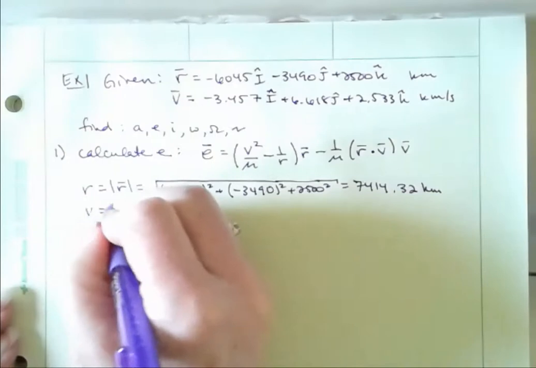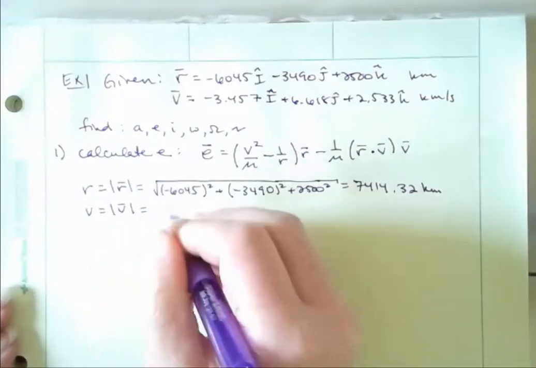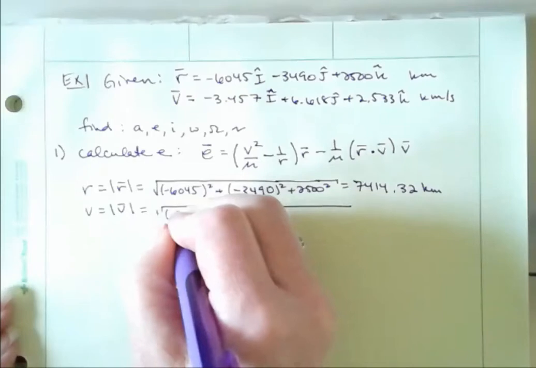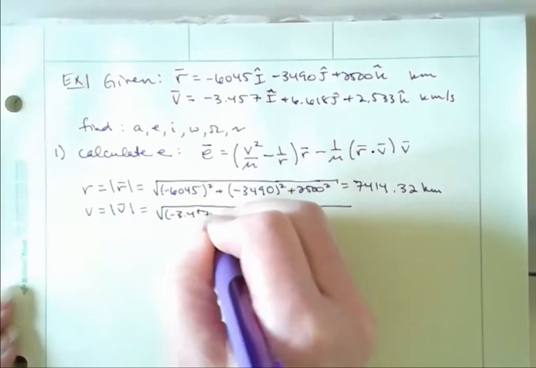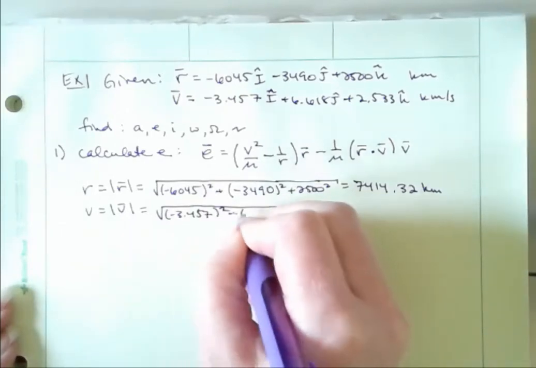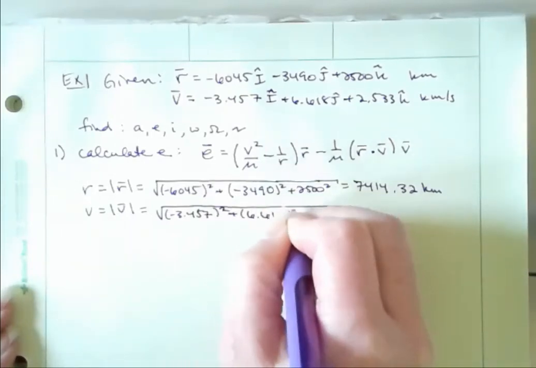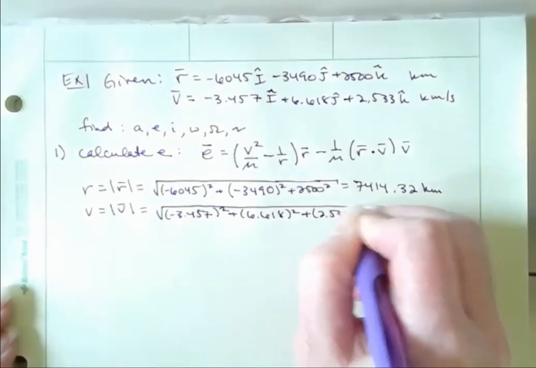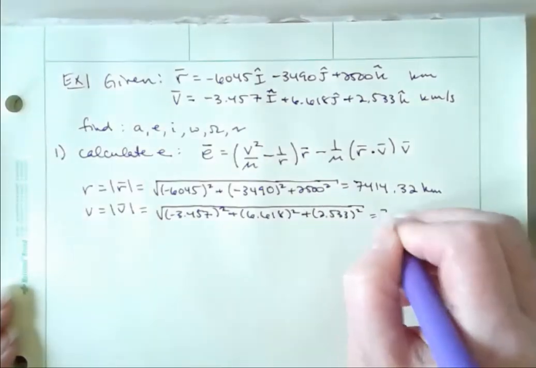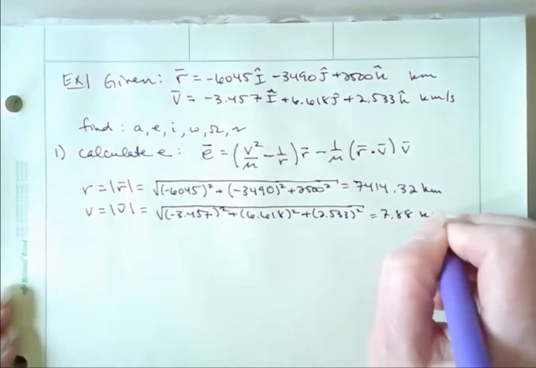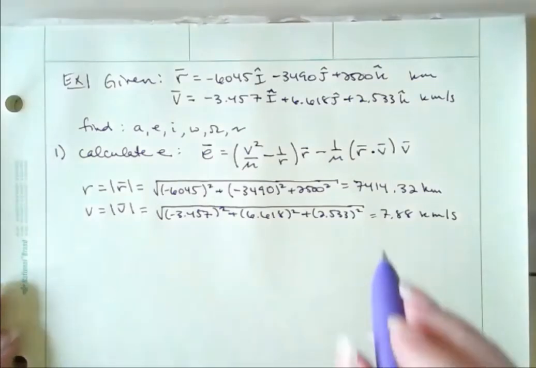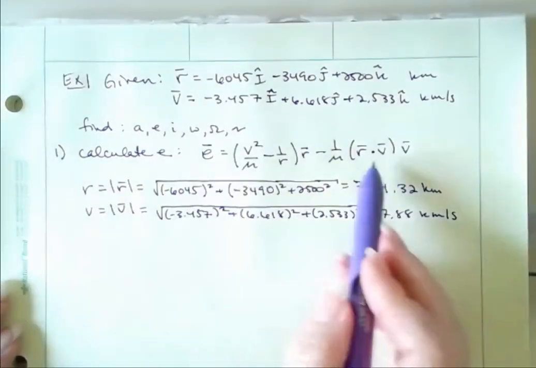Then do the same thing for v: the square root of negative 3.457 squared plus 6.618 squared plus 2.533 squared. That'll be 7.88 kilometers per second. Now we have those two magnitudes, so we're ready to plug everything in up here.